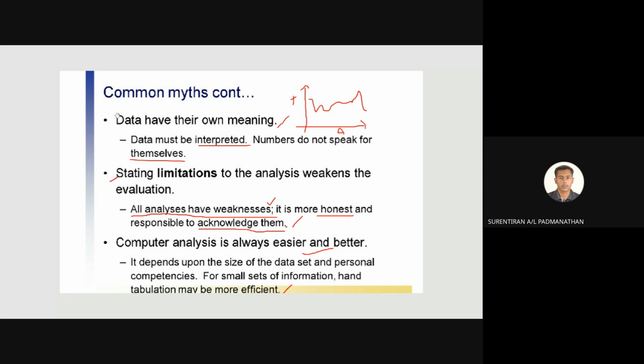As I told you just now, we have scope and limitations for that purpose, because we have to make sure we do the project within the scope. So you can state your limitations, whatever limitations are available: these are the limitations of my project, I couldn't achieve these parts.